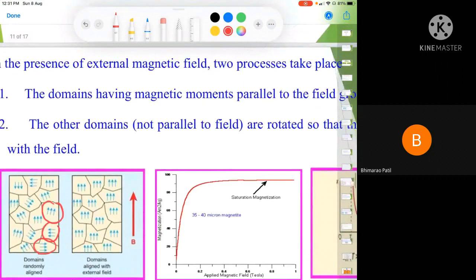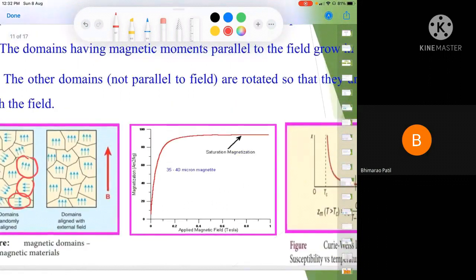If you plot the graph of magnetism versus the applied magnetic field, you see in graph number 1 that when you apply the magnetic field, all the domains are aligned with the applied field, which shows higher magnetism up to a certain applied magnetic field, and after that the magnetism becomes saturated. That means even if you remove the applied magnetic field, the material still shows magnetism.